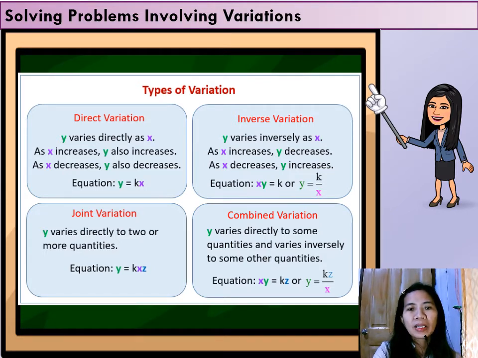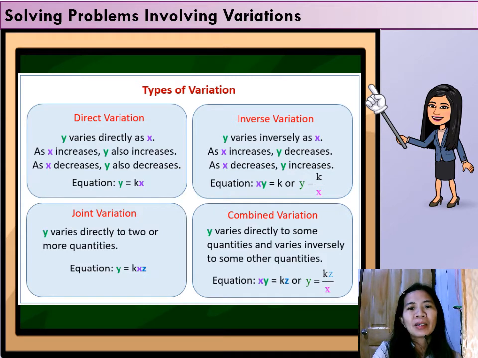Now, what is inverse variation? We have the mathematical statement y varies inversely as x. As x increases, y decreases. As x decreases, y increases. So they are inversely proportional. For direct, they are directly proportional because if one variable increases, the other variable also increases.